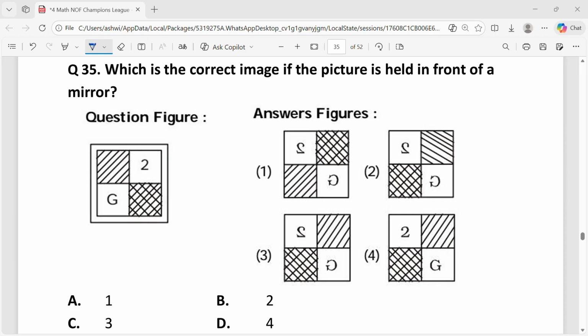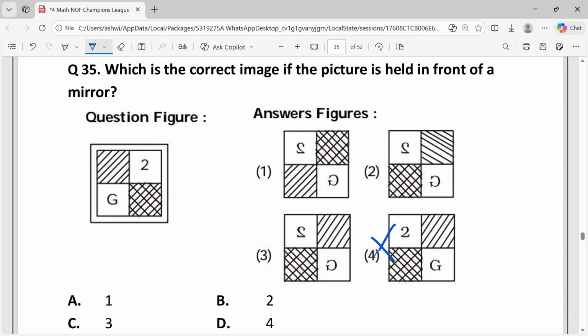That means the left is now right and the right is left, but the top remains at the top and the bottom remains at the bottom. So the mirror image of this figure will have 2 and G inverted in cross positions. From the given options, we can see that 1, 2 and 3 have 2 and G inverted. So 4 is not the correct option.